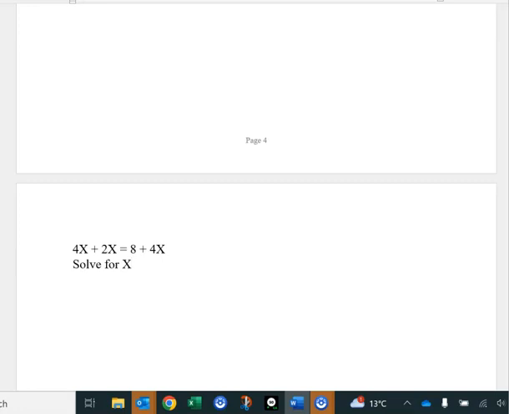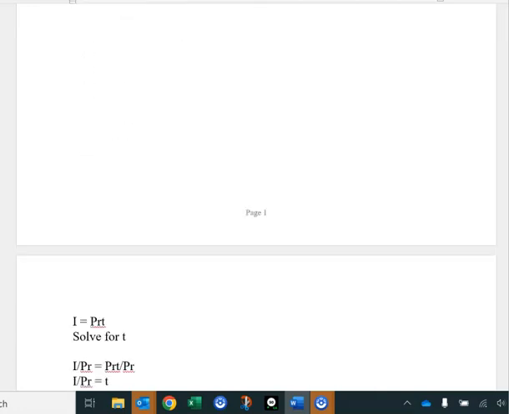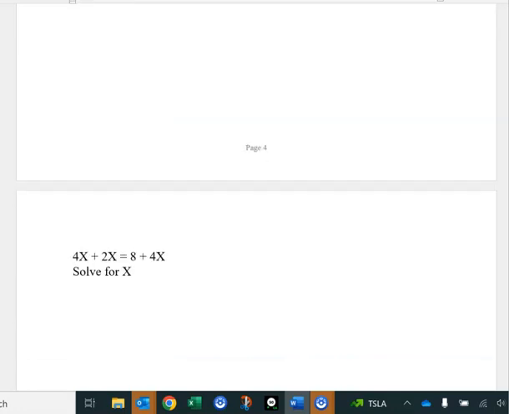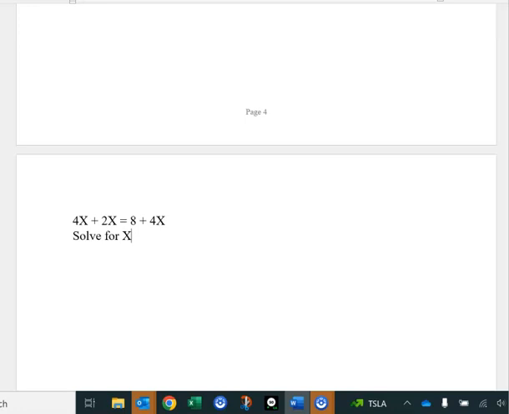Okay, so I think this one's different than the one we did up above, isn't it? That one was 2x minus 2. And the one we're going to do now is 4x plus 2x. Okay, so we want to solve for x.